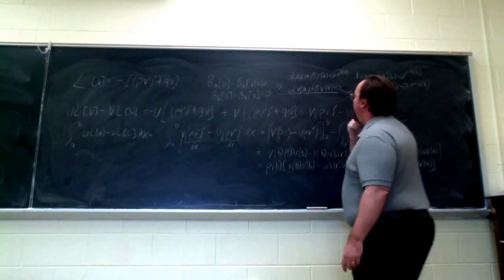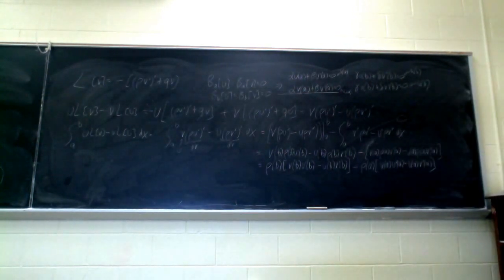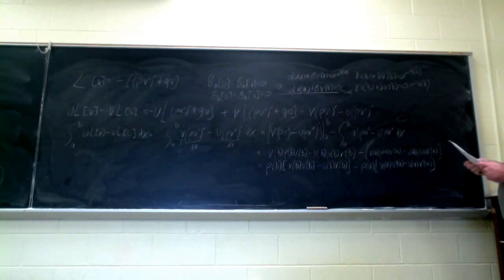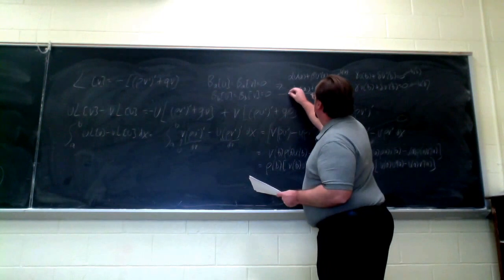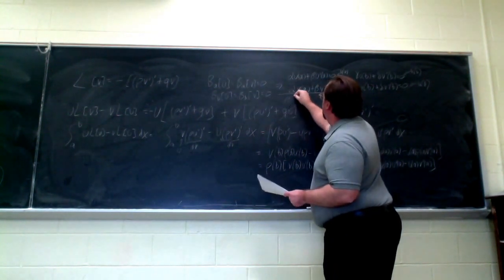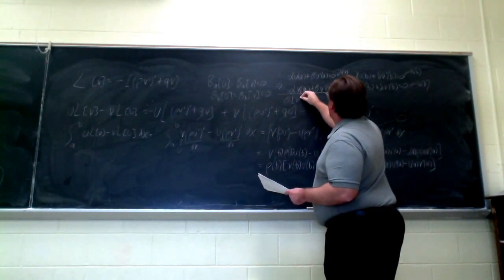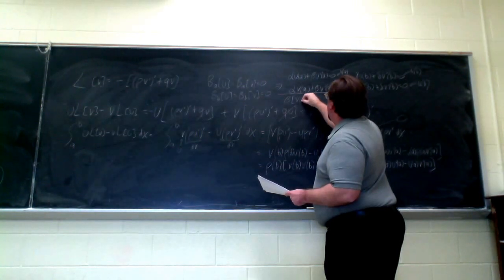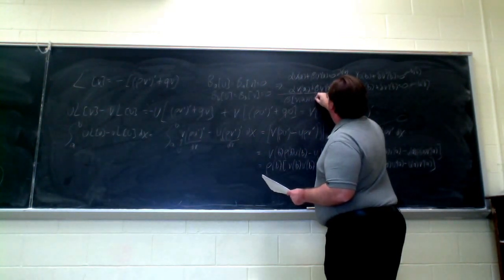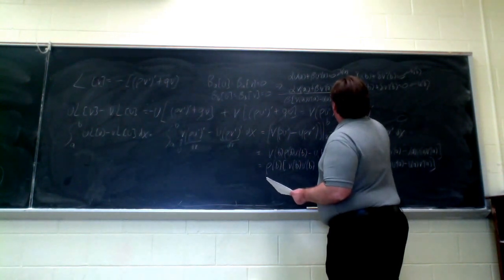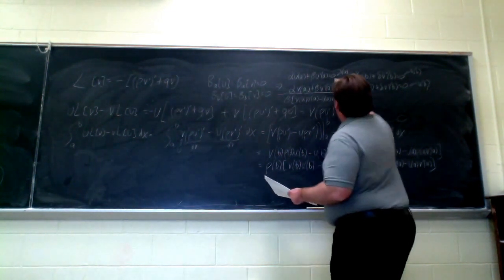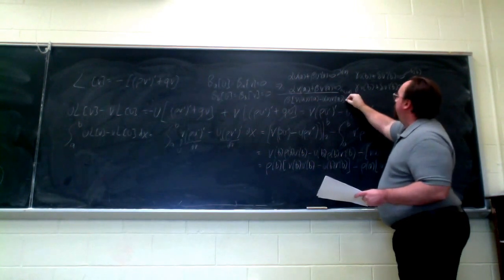So the alpha terms will cancel, and all that's going to be left are the beta terms. So this minus this is beta, v of a, u prime of a, minus u of a, v prime of a, and I'm combining the right-hand sides too, so all of that's 0.